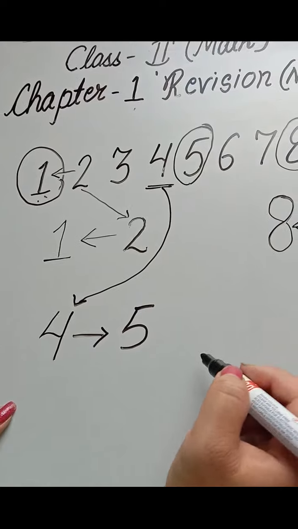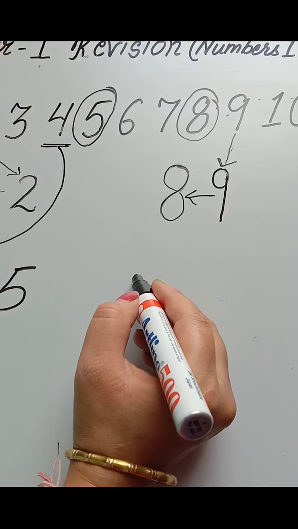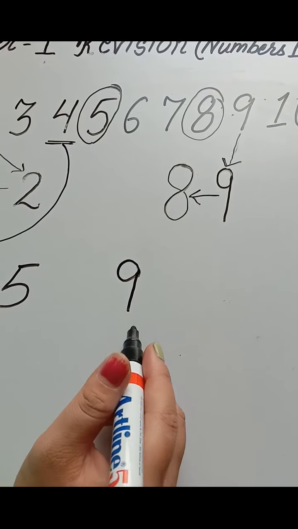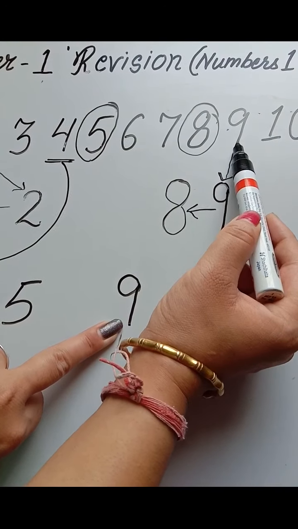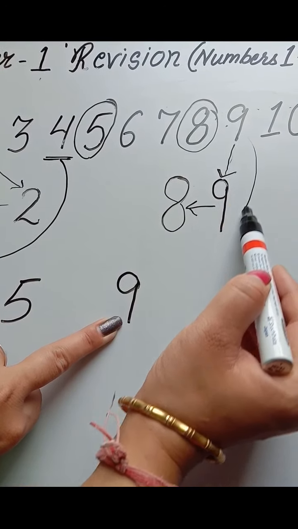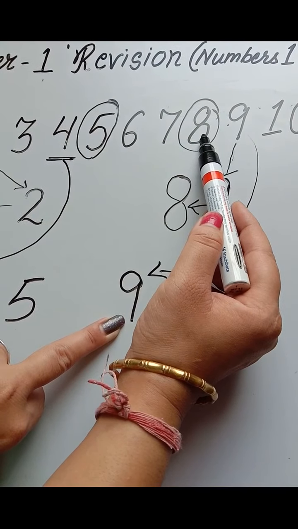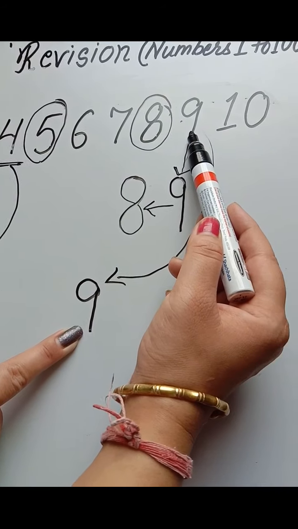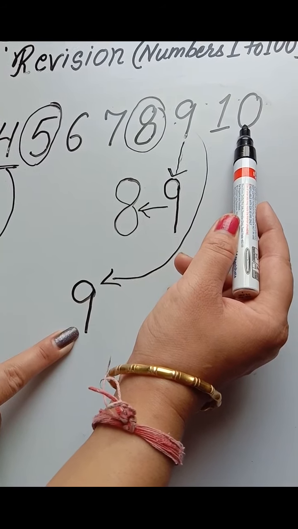Let's take another example. If I give you 9, where is 9 in the number series? Look here, this is 9. 8 was just before the number, and the number just after 9 is 10.